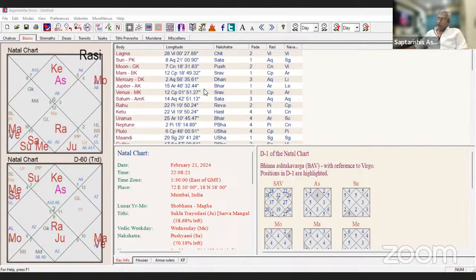Here, the 8th lord and 3rd lord are with the 2nd lord of eyes and 2nd lord of thyroid.